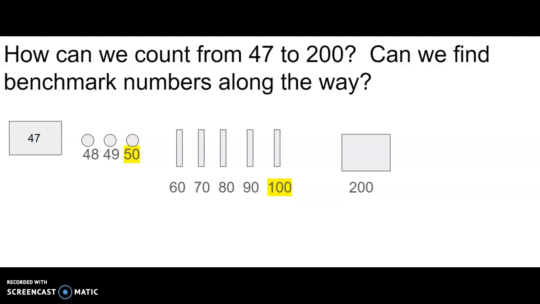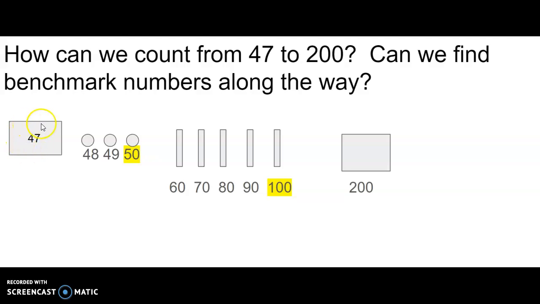We've been looking for benchmark numbers by looking for a 0 in the ones place. Those are numbers that are pretty easy to count by. Tens, hundreds, those have zeros in the ones place. So the number 47 does not have a 0 in the ones place, so we would say that it's not a nice benchmark number. So we need to start adding our ones until we get to a nice benchmark number.